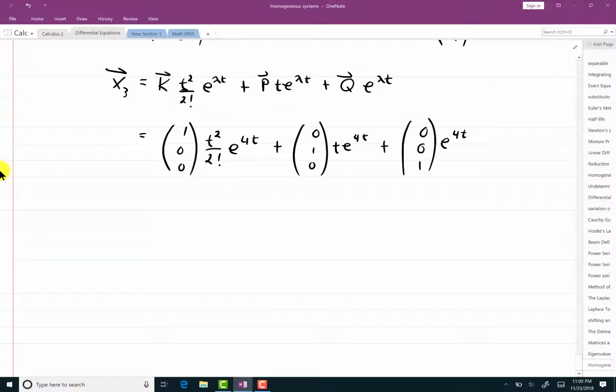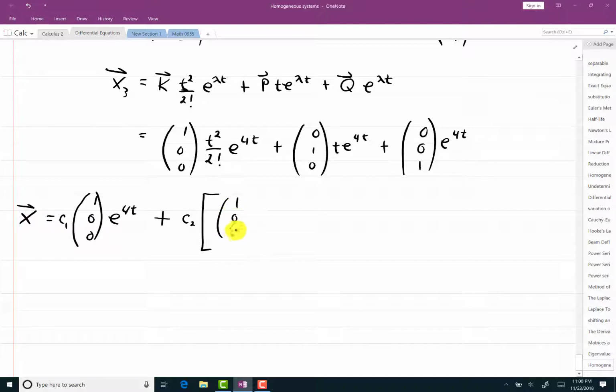So our entire solution then, if I want to write out the whole shebang in one line, it'd be very hard actually, but let's try it. Let's go back to my x1, which was k, and put a c1 out here, e to the 4t, plus, and then we have c2.